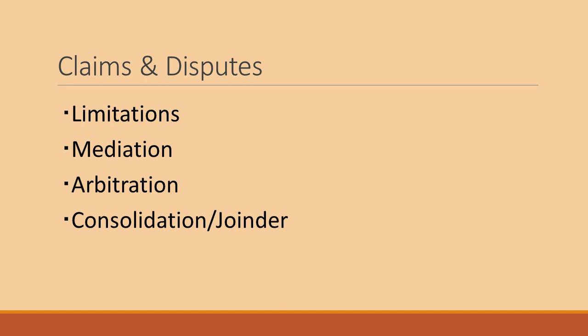Or sometimes it's a claim by the owner that the contractor screwed up. Or it's a claim that the architect did something wrong. So in every contract, whether it's owner-contractor or owner-architect, or even just a general contract between the parties, you need to have some type of rules, the monopoly rules, to figure out what happens when there's a dispute. How do you solve those disputes with the claims and disputes? That's what Article 8 talks about.